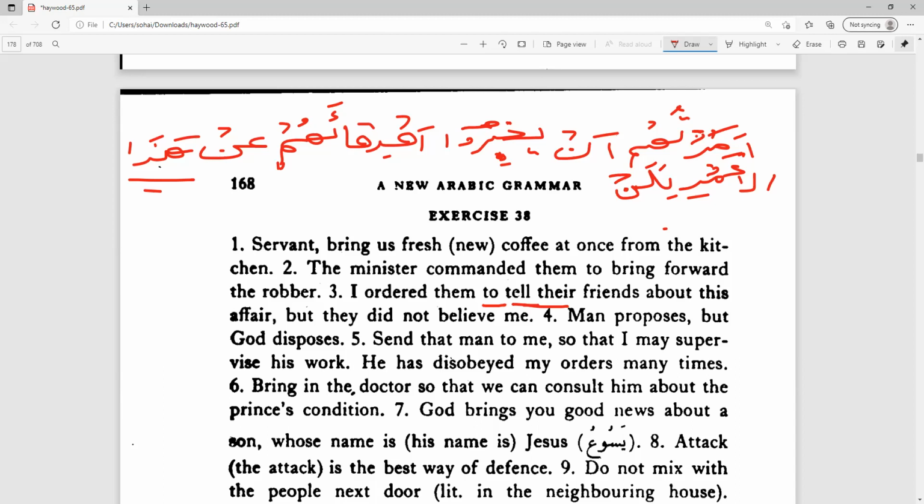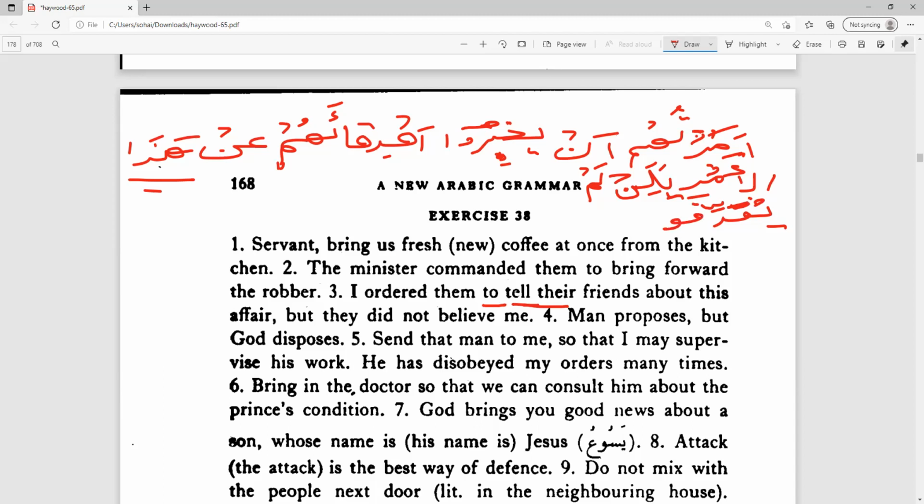Believe me, did not believe me. It will be with lam, right, sir? Yes, lakin lam. They did not believe. Lam yusaddiqu. Lam yusaddiq.